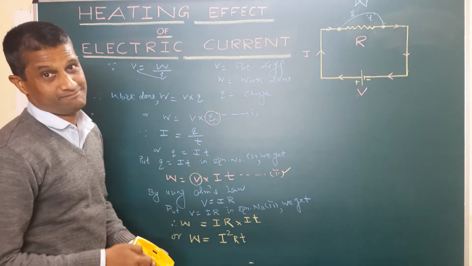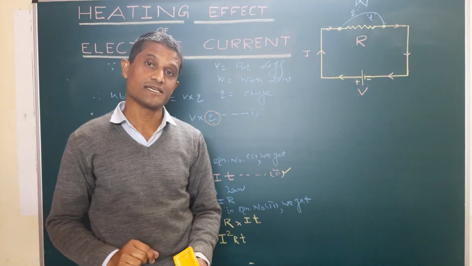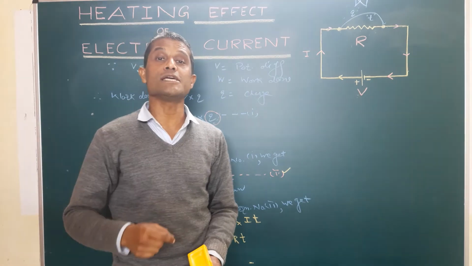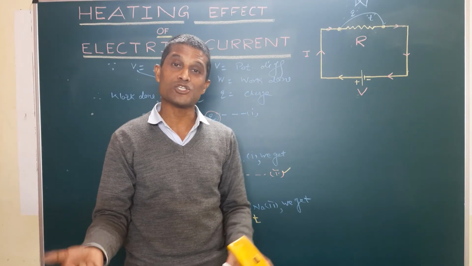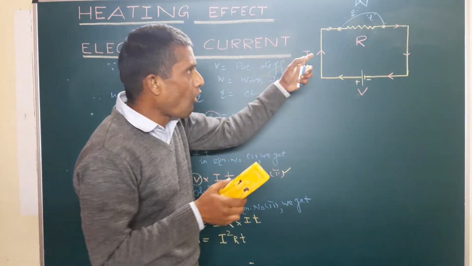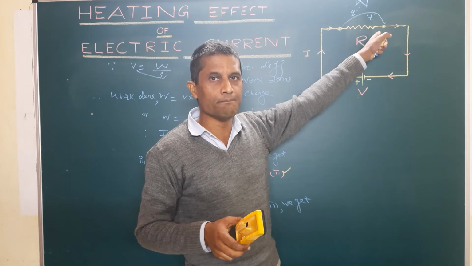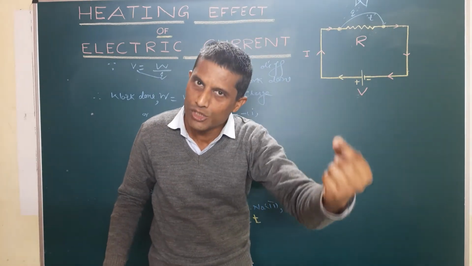Let us suppose that the work done in order to overcome the resistance is completely transformed into heat energy. Means all the work done, whatever the amount of work you have performed in order to overcome the resistance of that very conductor, has been transformed into heat.